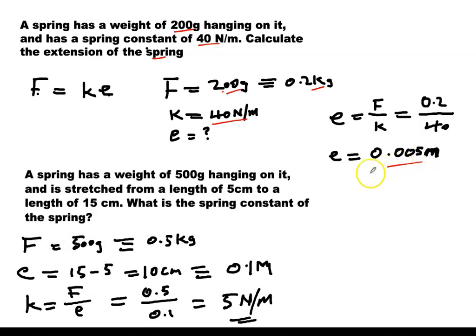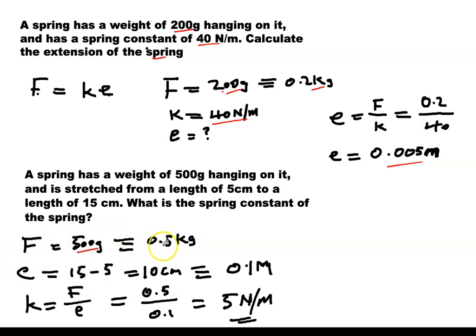Another example here: a spring has a weight of 500 grams hanging on it and it is stretched from a length of 5 centimeters to a length of 15 centimeters. What is the spring constant of the spring? So we are calculating the K. We know F, the force, from 500 grams.